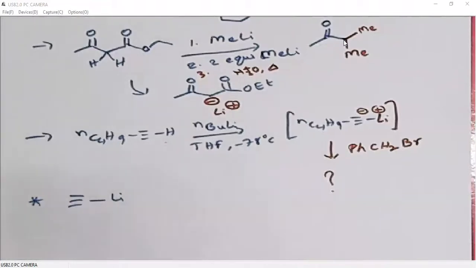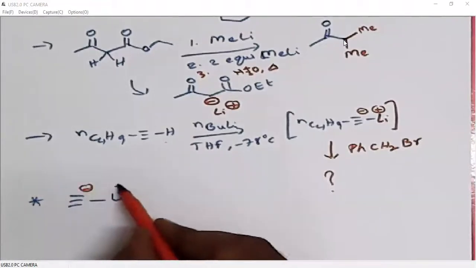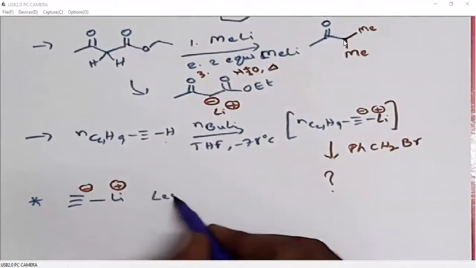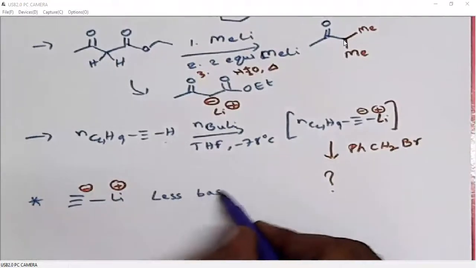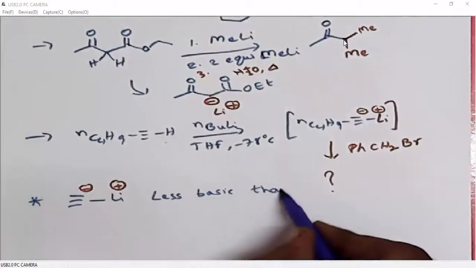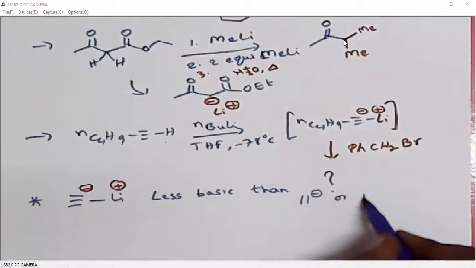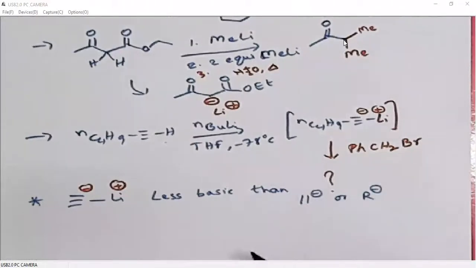Acetylenic anion is less basic than vinyl anion or alkyl anion. So negative charge on sp hybridized carbon is less basic than negative charge on sp2 hybridized carbon or sp3 hybridized carbon.